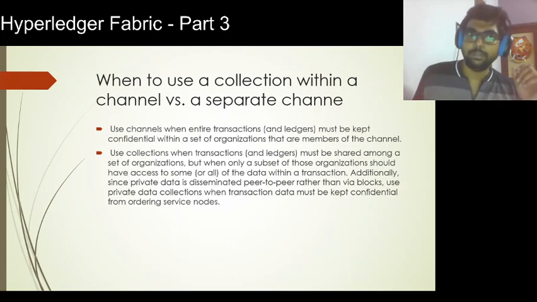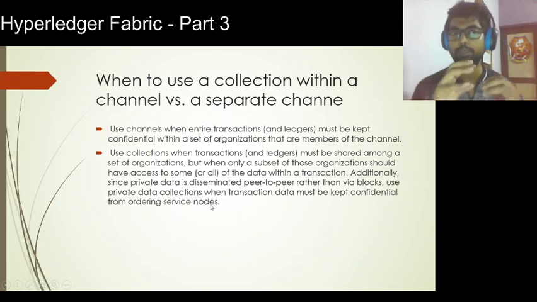But we use collections when the transactional ledger must be shared among a set of organizations, but only a subset of those organizations should have access to some of the data within the transaction. Additionally, since private data is disseminated peer-to-peer rather than via blocks, use private data collection when transaction data must be kept confidential from the ordering service node.